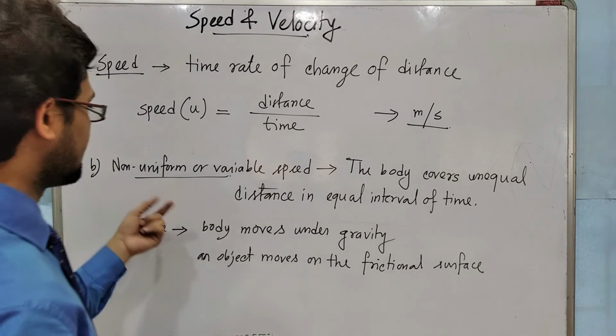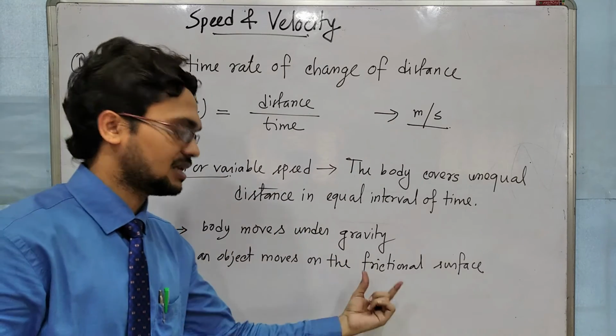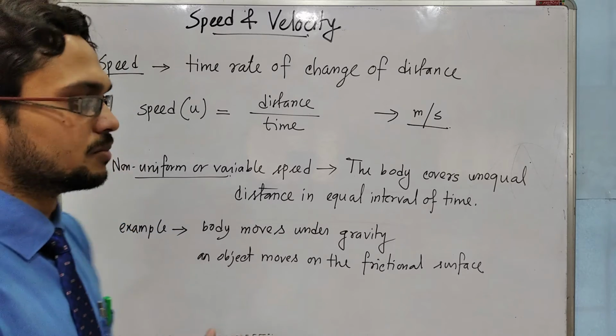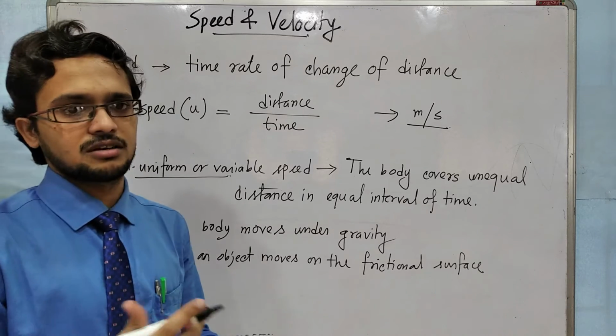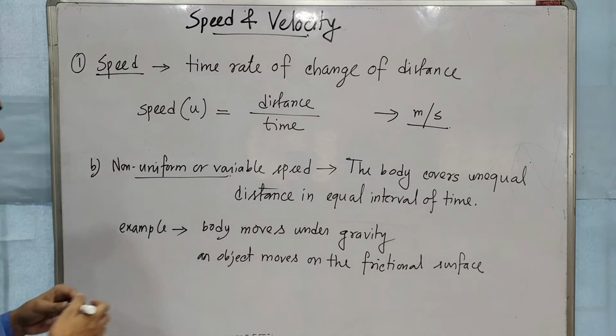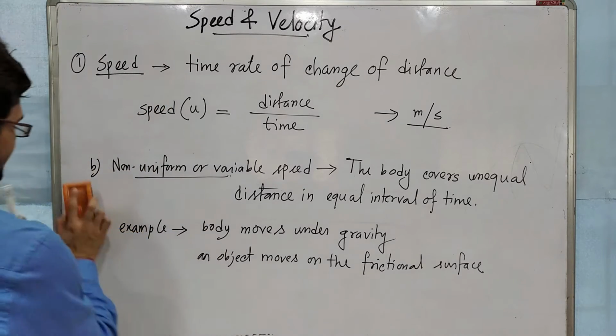Then the body will have variable speed, because frictional surface means its speed will change at every moment, or the motion of a car in a congested road. These are all examples of variable speed.